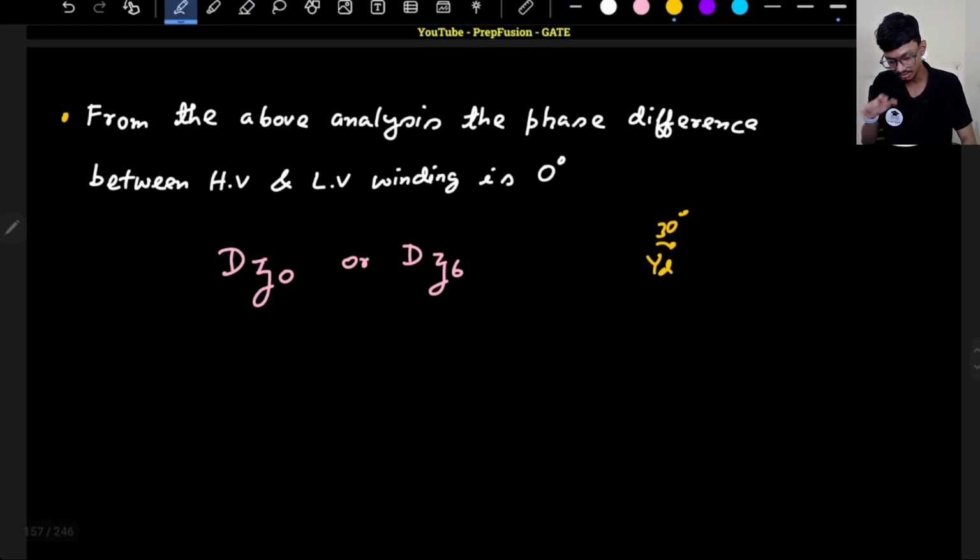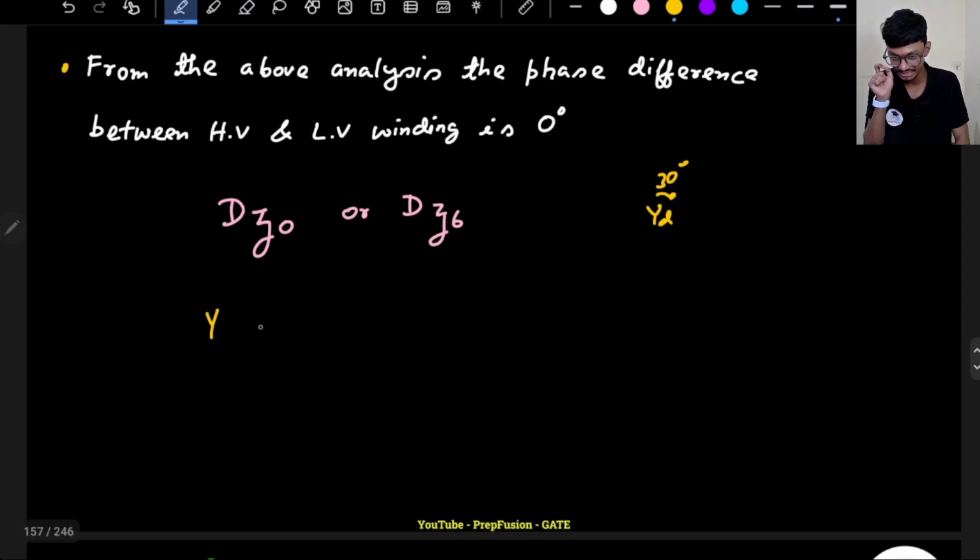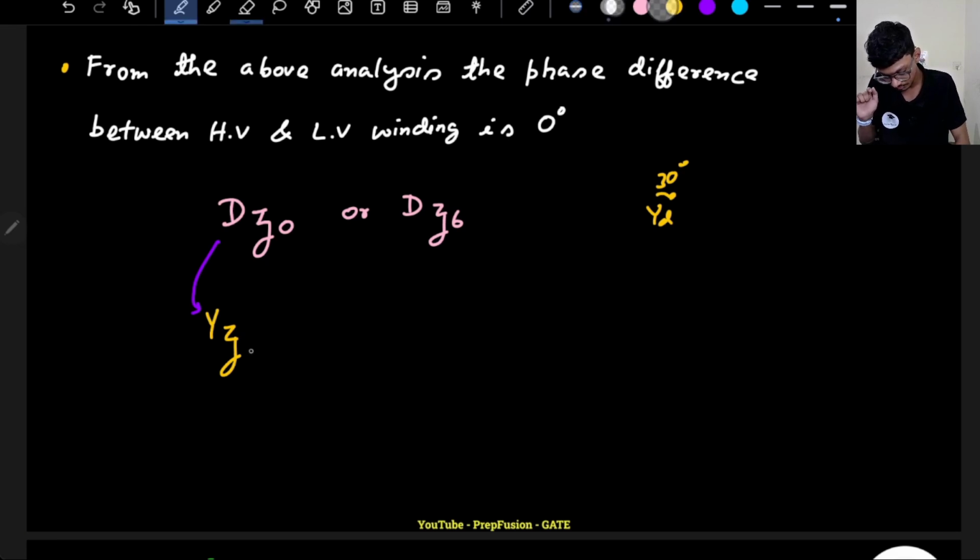So now if I have high voltage as my star connection and low voltage as my zigzag, there will be an additional phase difference of 30 degrees, because it has changed from delta to star. So either it will be YZ11 or it will be YZ1.